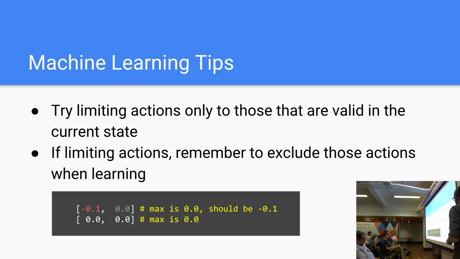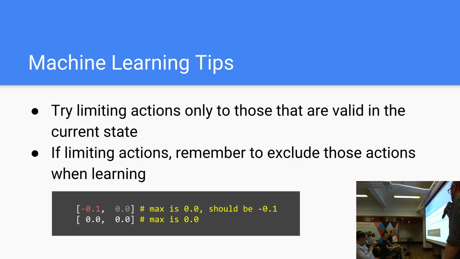The one trick there is, if you're limiting the actions, you want to exclude them when you're learning. So the concept with Q tables is you take the maximum value in the state that you land in, the maximum value for all of the actions. If you have a look here, the first row there, the maximum is 0.0, and so the grayed out action on the right maybe isn't possible.